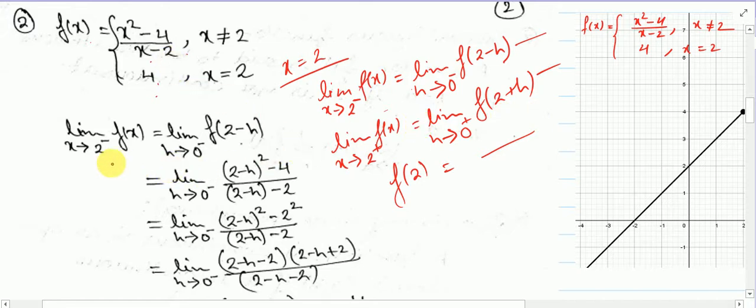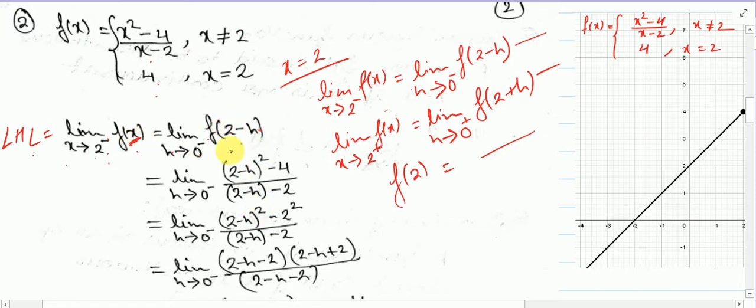Firstly I am finding the left hand limit. Since we are looking for continuity at 2, you write x tends to 2 minus for the left hand limit of f of x, then h tends to 0 minus, and here this x will become 2 minus h.